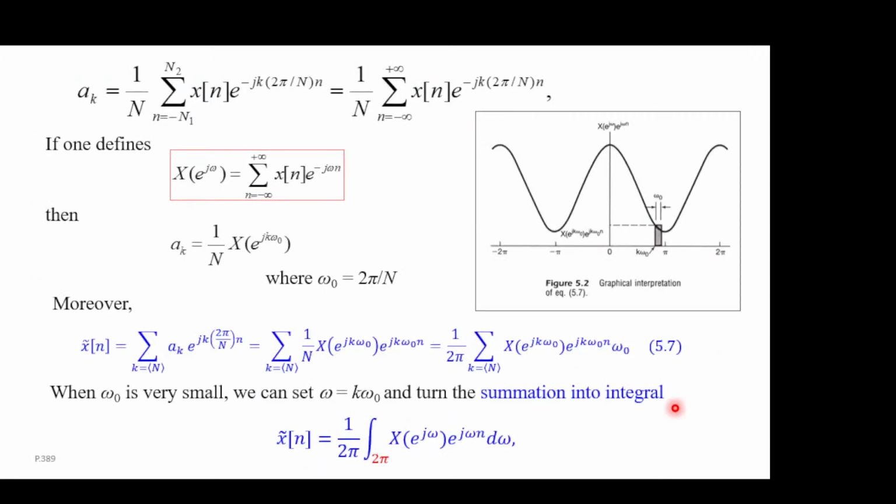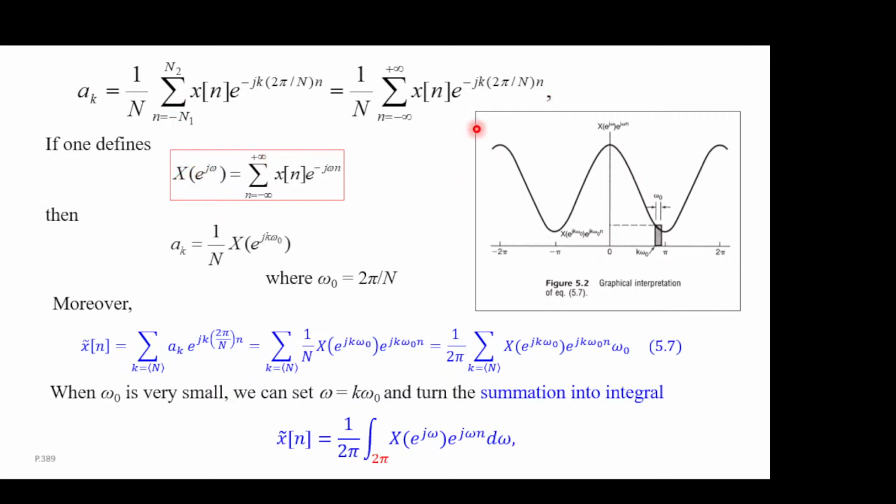Okay. And then just as before, we define this envelope function, big X of e to the j omega. This is going to be a spectrum. A bit of a spoiler, this is going to be the Fourier transform of our function. But for now, we justify why we want to take this, because we see that a_k here is going to be the samples of this big X. So see this carefully.